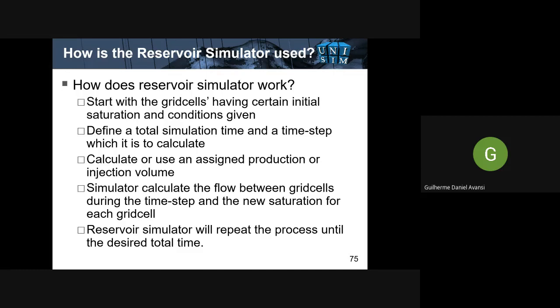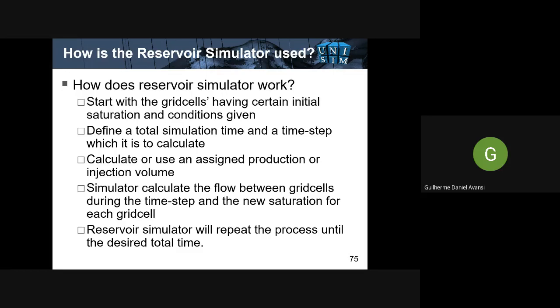First of all, we start with the grid cells having a certain initial saturation and given conditions. These are the boundary conditions. Professor Dennis will give more detail when he presents the mathematical development of all these equations. We define a total simulation time and the time step to calculate.